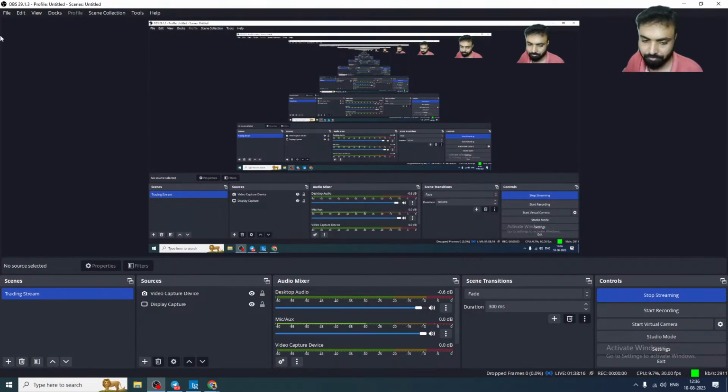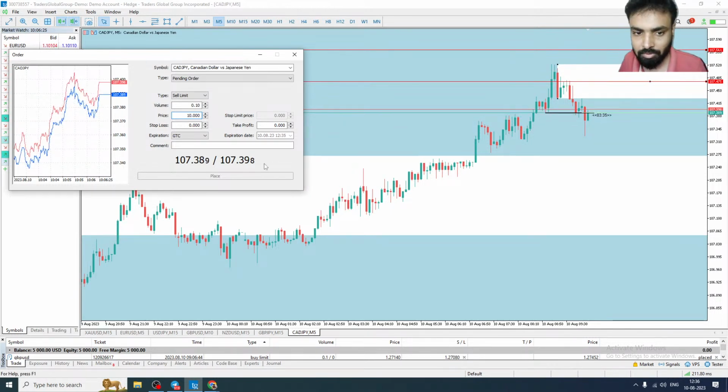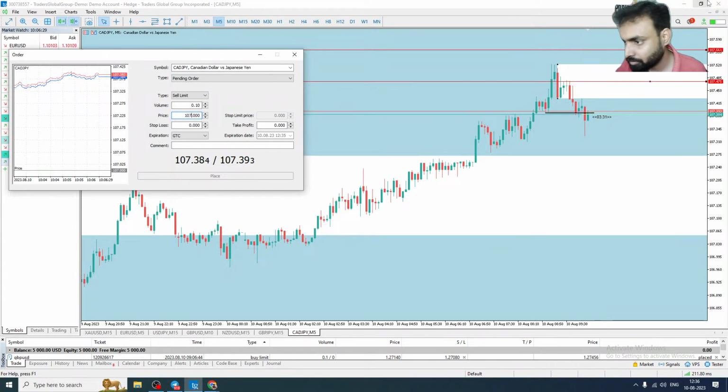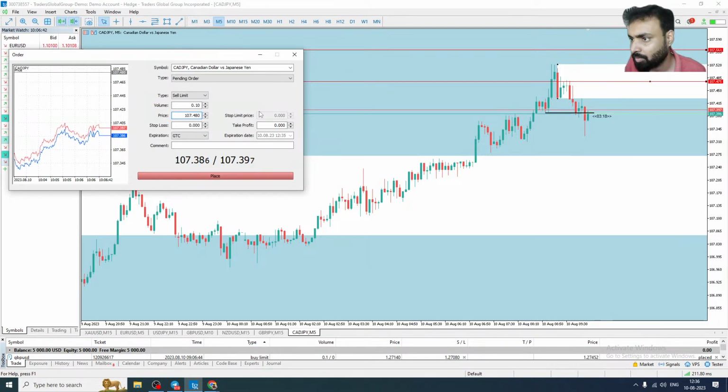107.475, 107.480. Let's take a round number, 480. Okay, we are going to sell from 480, and we are going to put stop loss in. Stop loss a little bit higher we'll put, because it's a 50 point, right?